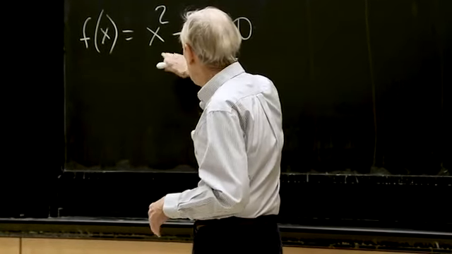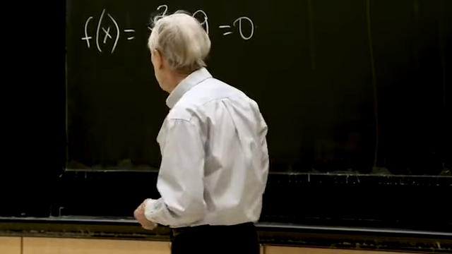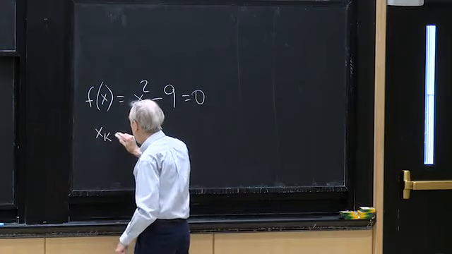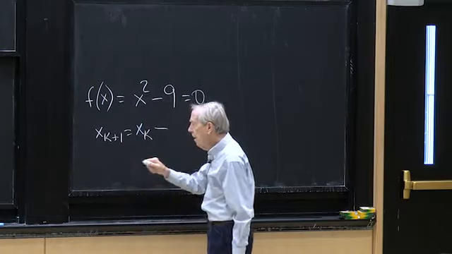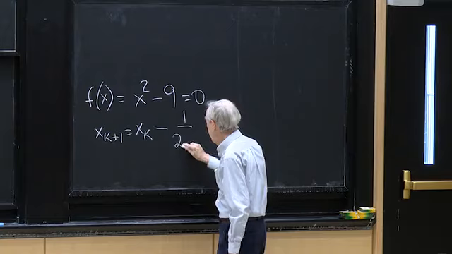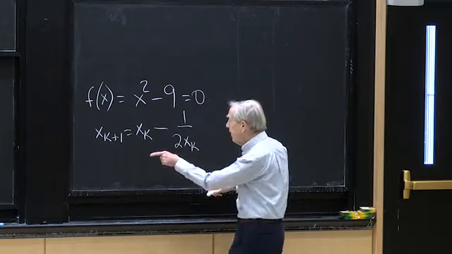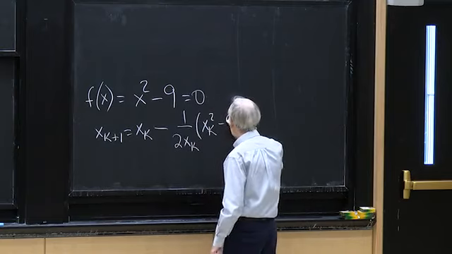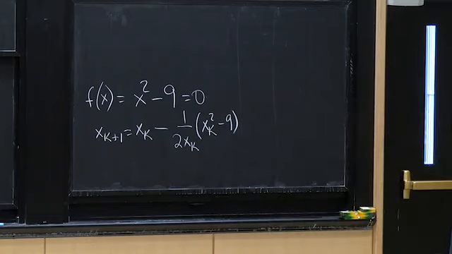Of course the Jacobian is 2x. So Newton's method says that xk plus 1, I'm just going to copy that Newton's method, equals xk minus 1 over 2xk, that's the derivative, times f at xk, which is xk squared minus 9. Okay, we followed the formula.